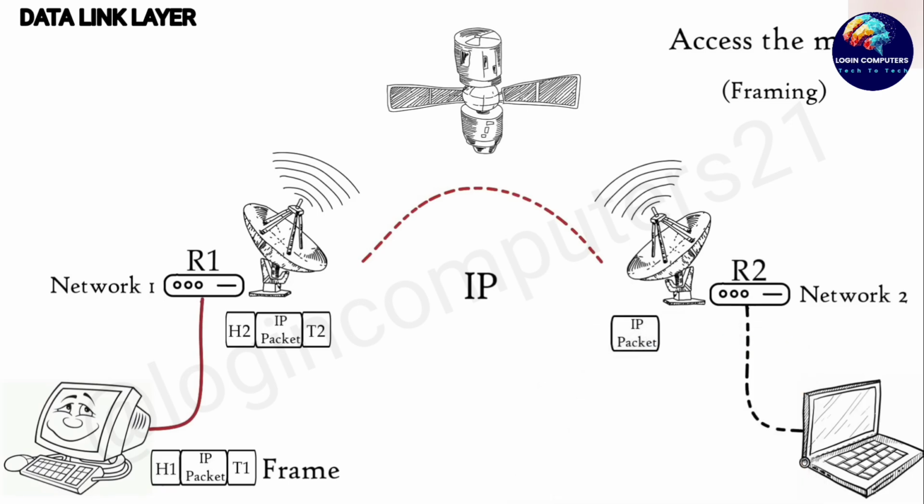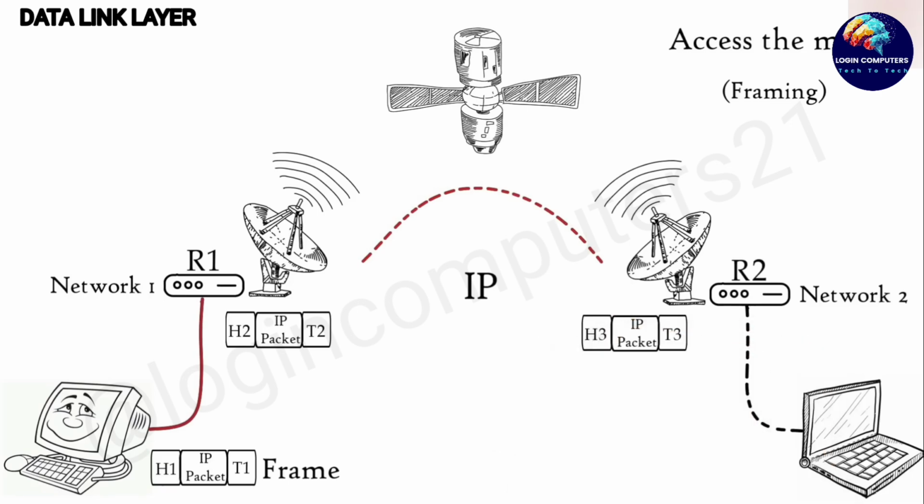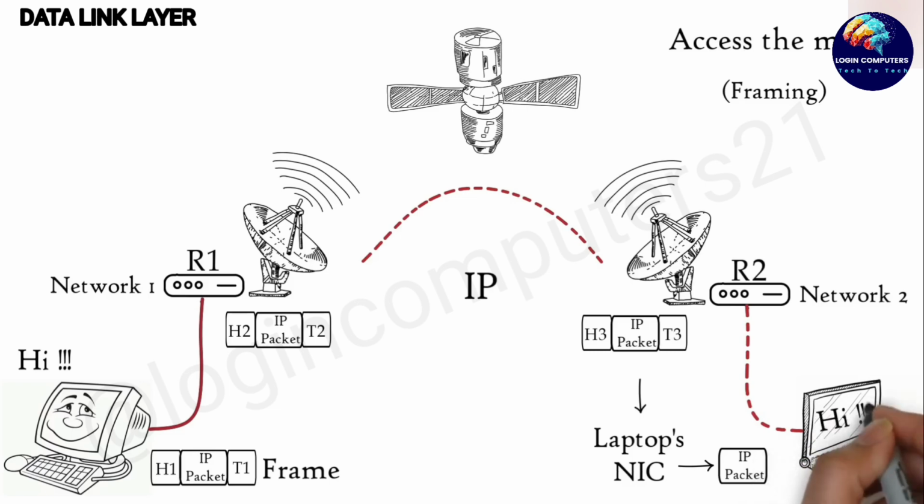Router R2 will again decapsulate the received frame and re-encapsulate it based on the medium used to connect R2 and the laptop, a wireless data link frame in this case. The laptop receives the wireless data link frame, decapsulates it, and forwards the IP packet to the network layer and finally to the application layer. The application layer protocol then makes the received data visible on the computer screen.